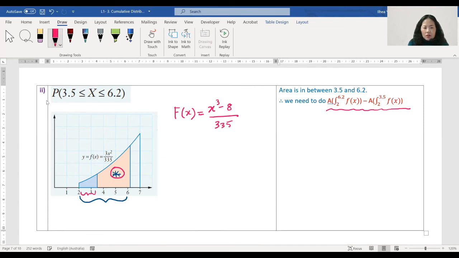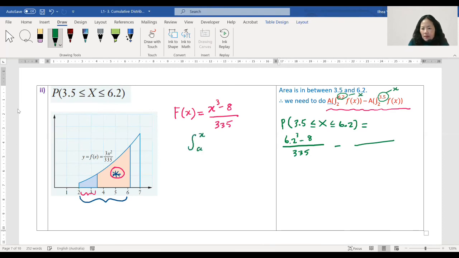So I'm going to just use the formula to get the probability that X is between 3.5 and 6.2, which equals 6.2 cubed minus 8 over 335, take away, because it goes up to that x, remember, it goes from 8 to x, 3.5 cubed minus 8 over 335.